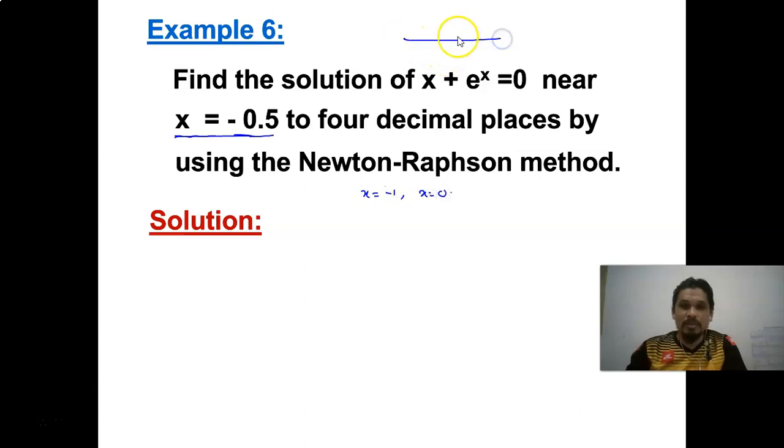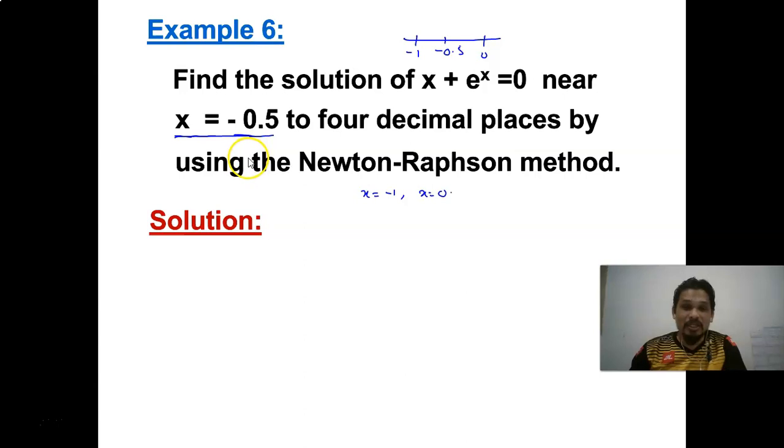Because x here is negative 0.5, so negative 0.5 lies between negative 1 and 0. Again, this is not the solution for this question, because it already gave you this value of x.